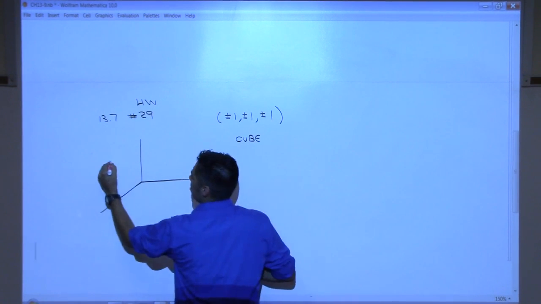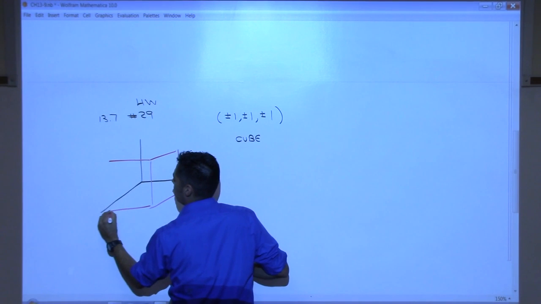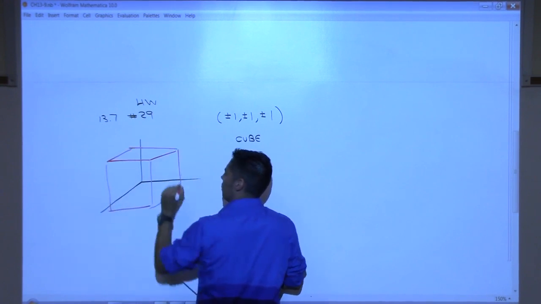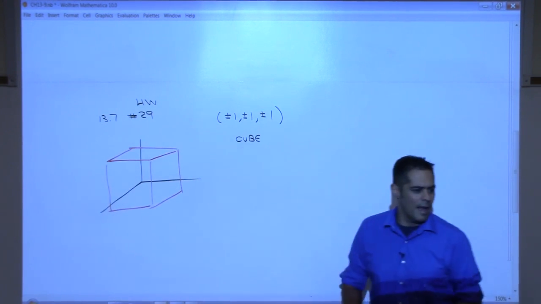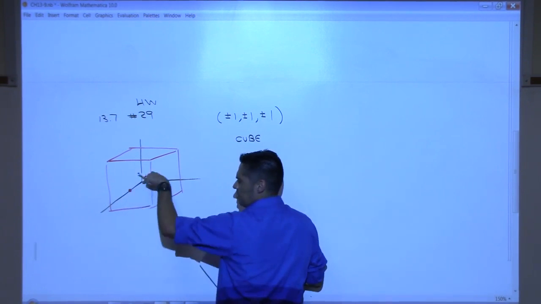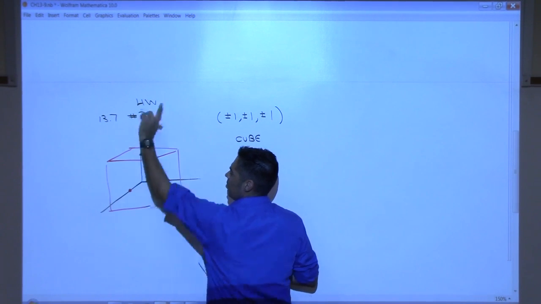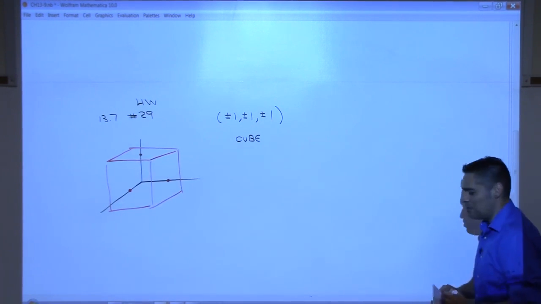So you had something like this. Okay, something like that. I don't know if that makes sense. This is popping out of the center of this side. This is popping out of the center of this side, and this one's popping out of the center of the top.